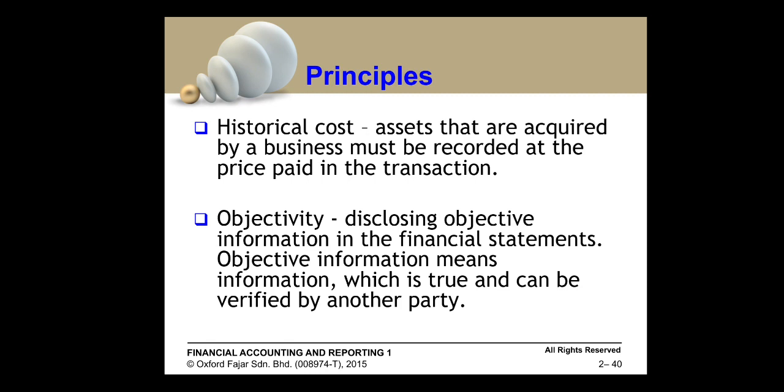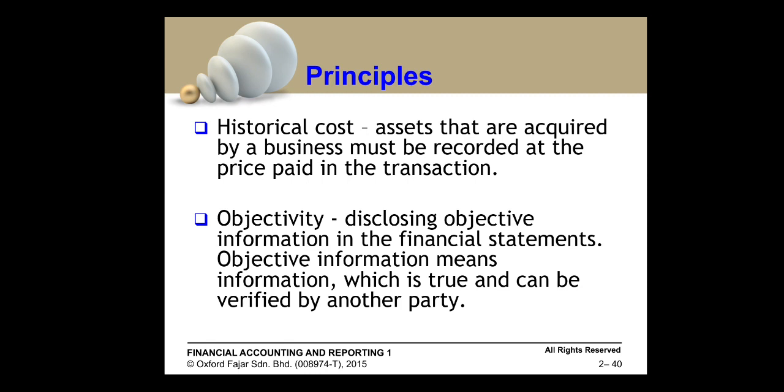When you check the equipment, the current value of the equipment is only $3,000. So when you want to record that asset in your account, do you record it at $5,000, the value you purchased it in year 2019, or at $3,000, which is the value of the asset now?